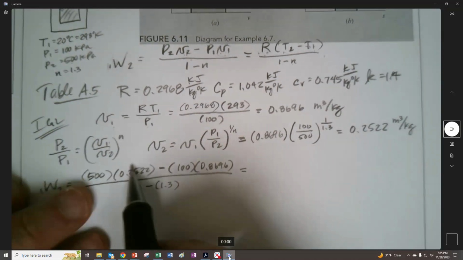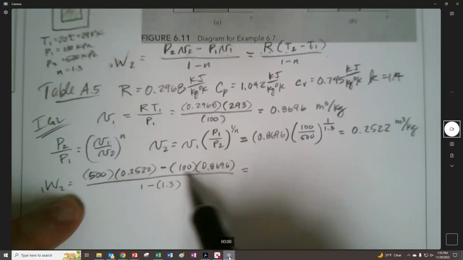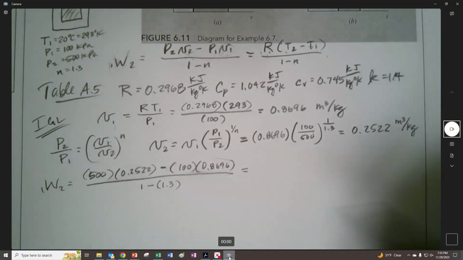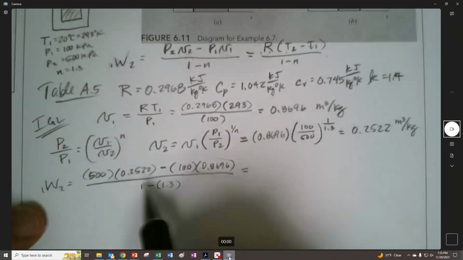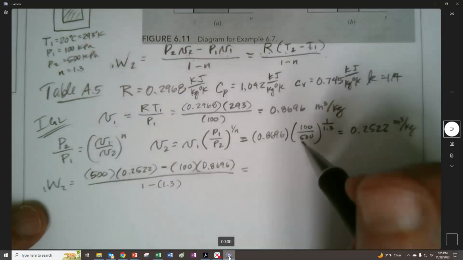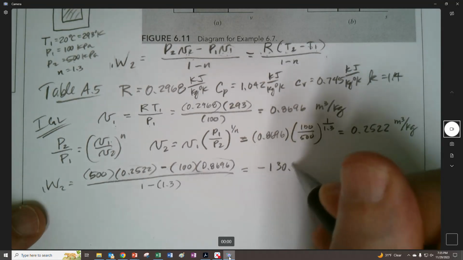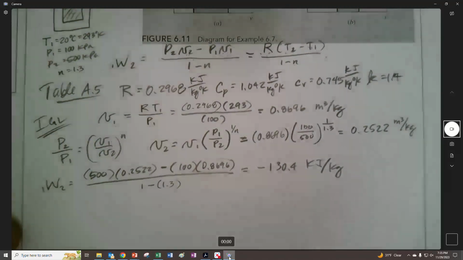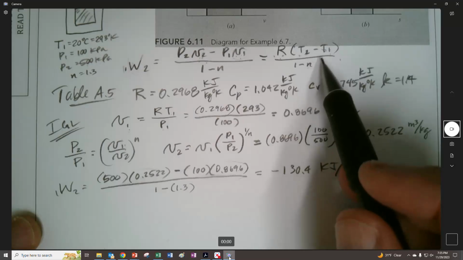And depending on the proportions of these two things, these together could be larger than that, and that would make it a positive, but it turns out that they don't. This is bigger than that. So the numerator is positive, but the denominator is negative. So notice that you get negative 130.4 kilojoules per kilogram.